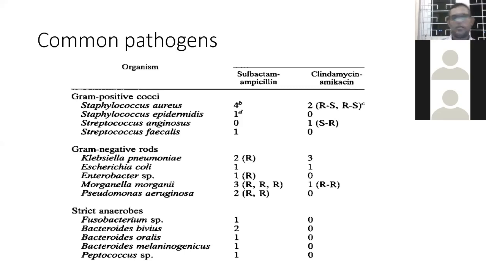So to talk more on wound biology, we'll talk about some common pathogens. You all know the pathogens are divided into gram positives, gram negatives, and aerobes and anaerobes. This is important when you are deciding on empirical antibiotics.